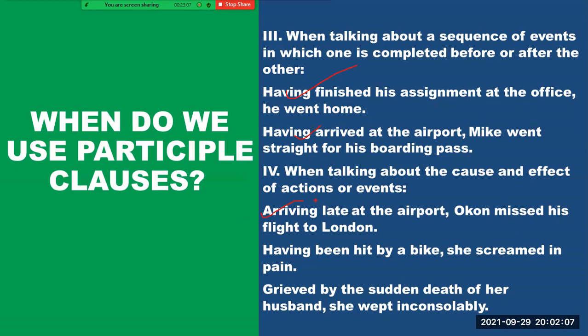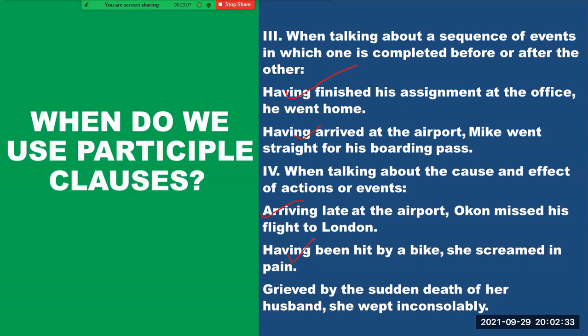So then the second example, having been hit by a bike, that's the cause. Don't forget we are using the participle clause to state the cause. Having been hit by a bike, she screamed in pain, all right?